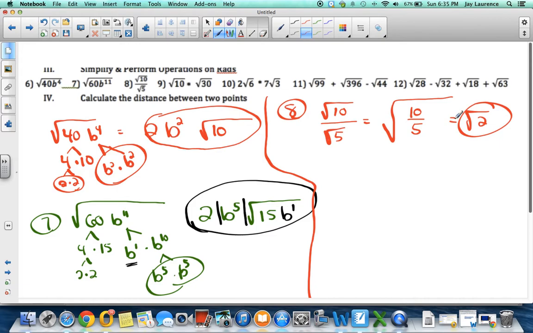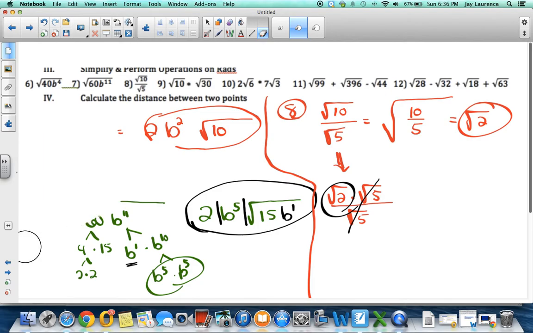I think that's the best way to do it. If I really wanted to, I could have done it like this. I could have broken rad 10 down into rad 2 times rad 5, right? And then over rad 5. And then I can cancel out the rad 5s, and look at that, I'm left with a rad 2. I get the same thing no matter how I do it.